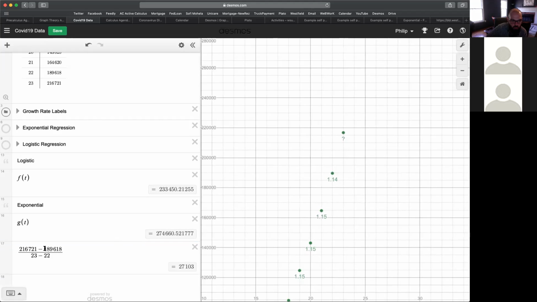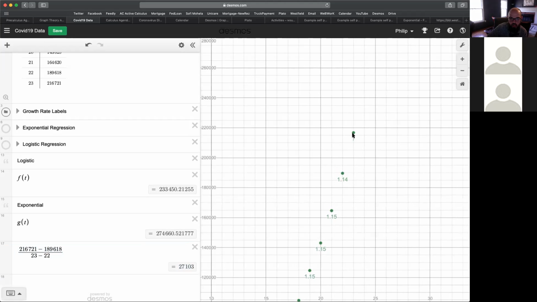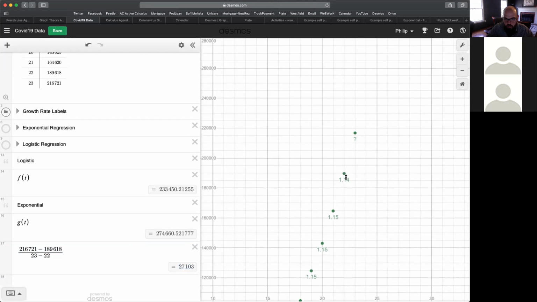So this number increased by 14% in order to get to our 216,721. This is the total number of cases, this is how many we're changing by, and this number is reporting that percentage change. So this is about a 14% increase from one to the next.